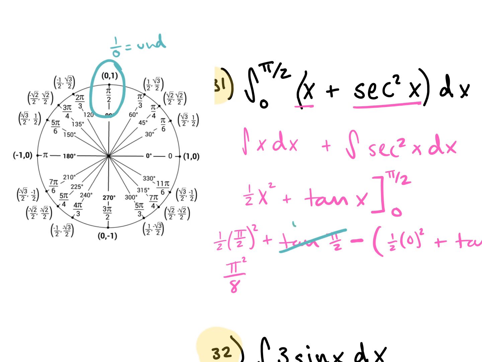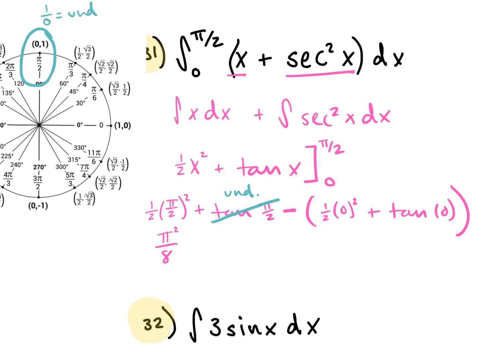So this one is undefined. If it was a value, we'd have to add it to pi squared over 8. I'm just going to work it out as if it wasn't even there, but it'll give you a value. I made these numbers up, not even testing it out, but it'll work out. It won't be like tangent of pi over 2. It would be a tangent of something that actually works.